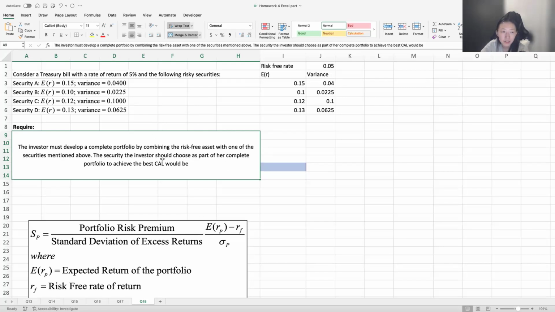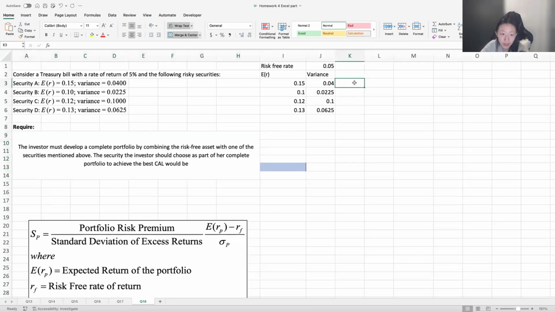So we want to calculate the Sharpe ratio for each of the securities here. Let's start. We need the standard deviation, which equals the square root of variance. I drag it all the way down to the last security.